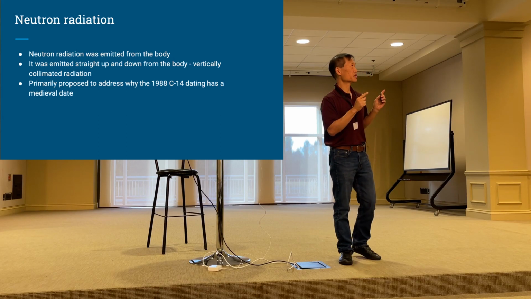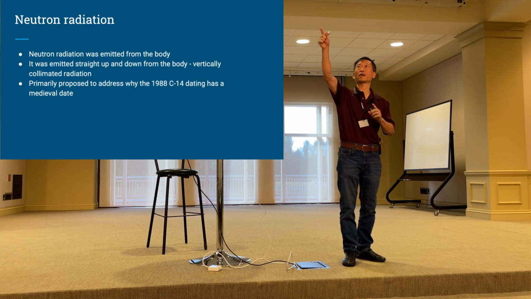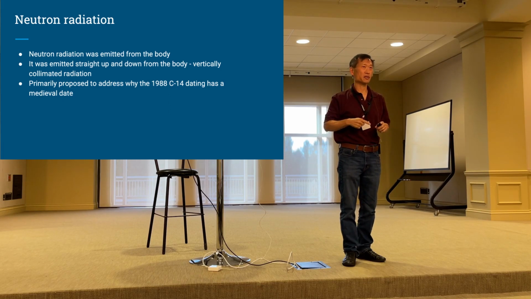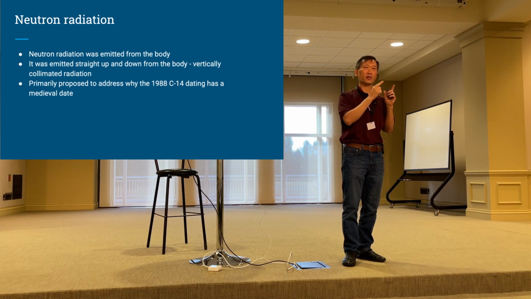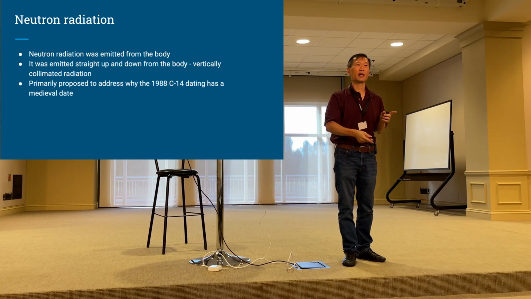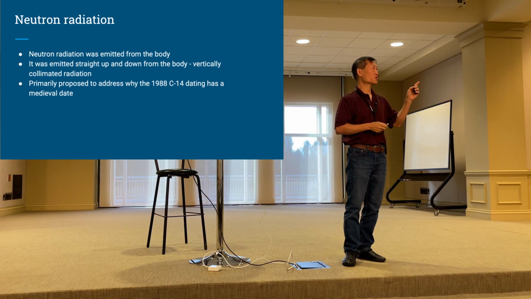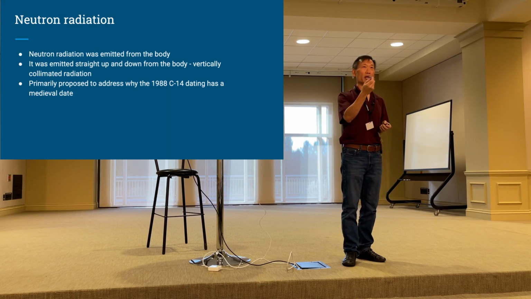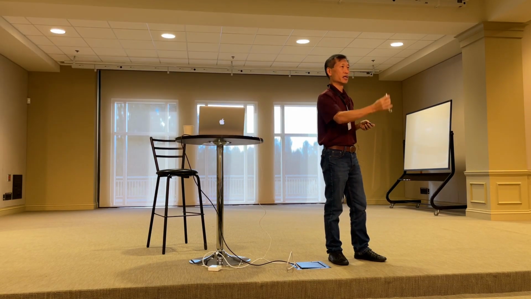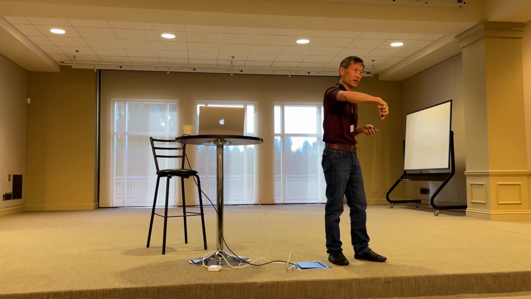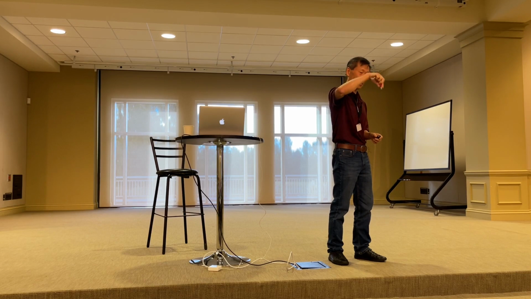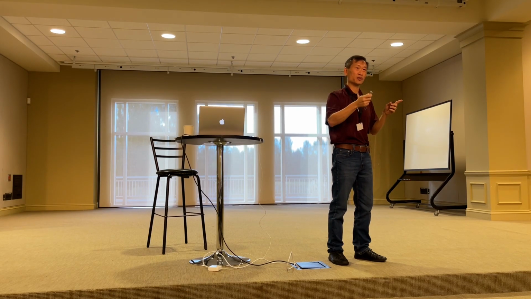The radiation cannot be going out like a light bulb, let's say, because it would just go out in all directions. It's not going to form a perfectly uniform image. And so that's why Robert Rucker has to propose vertically collimated radiation. It is more like this laser right here. It would be going straight up and straight down, parallel to gravity.